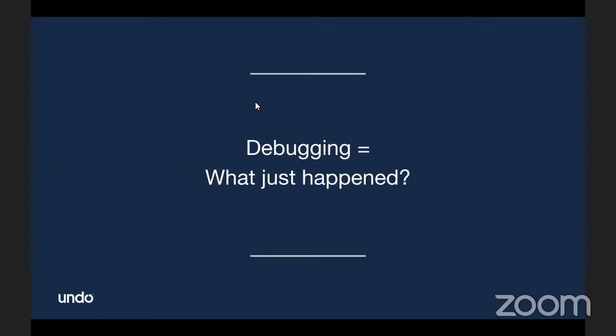And to that end, we have at Undo a strategy that we call software failure replay, and that tries to support that natural approach of working backwards from the point at which the error has occurred, and really going back in history, going back in time, so that we can understand exactly what the application did to get to that failure point.